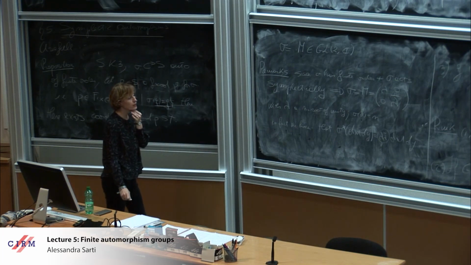So that's why you need this shape locally. And we are always assuming that sigma is not the identity. Of course, if it is the identity, there is not very much to say.